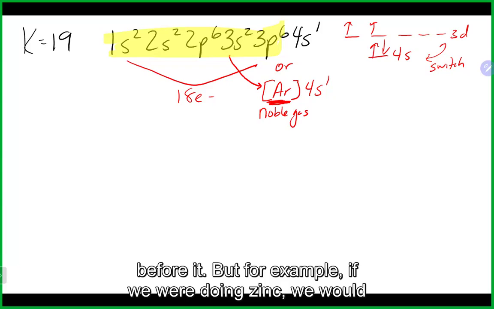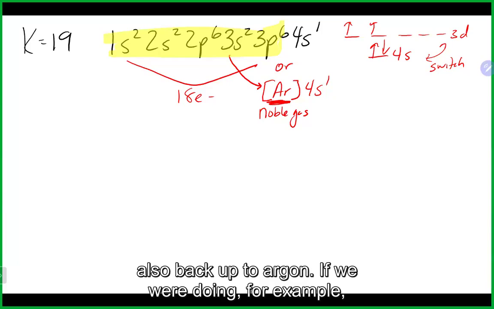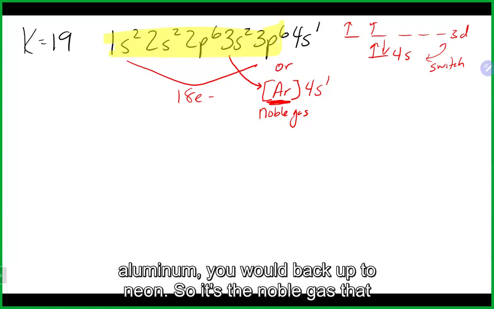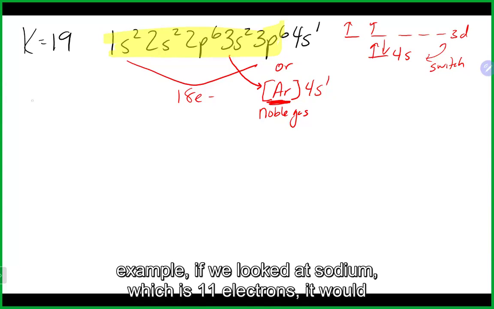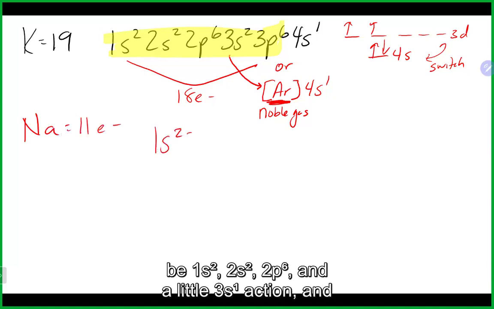For example, if we were doing zinc, we would also back up to argon. If we were doing aluminum, you would back up to neon. So it's the noble gas that comes right before whatever element you're writing. So for example, if we looked at sodium, which is 11 electrons, it would be 1s2, 2s2, 2p6, and a little 3s1 action.